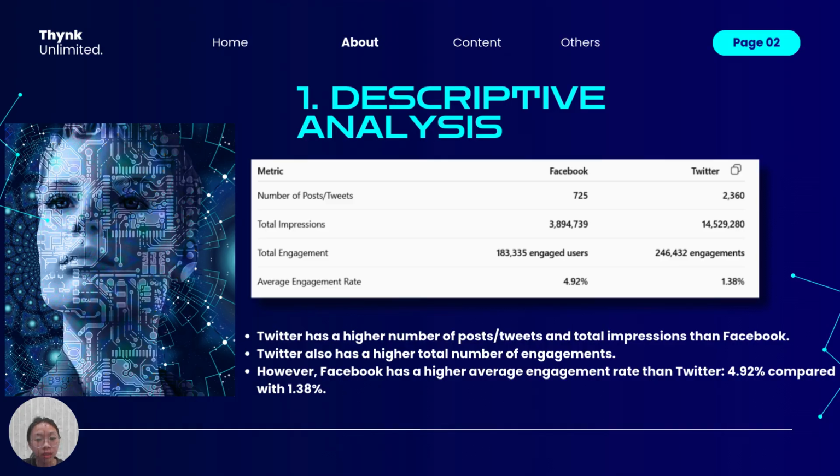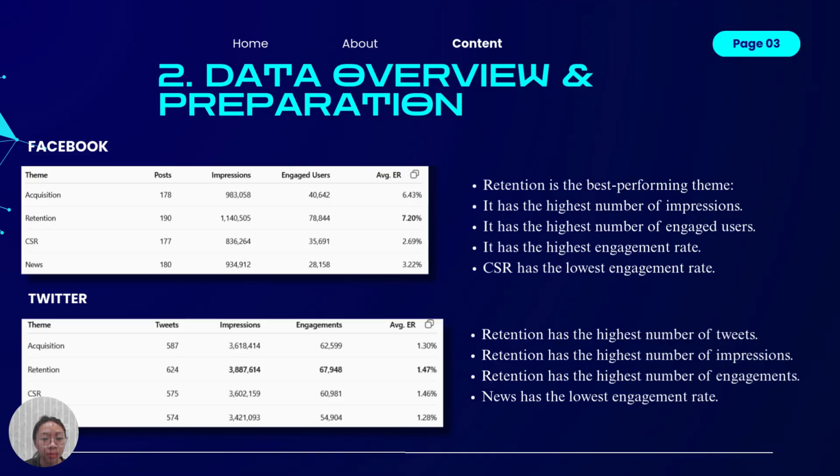This indicates that although Facebook has fewer posts, its content is much more effective at capturing user attention and driving deep interactions per post.